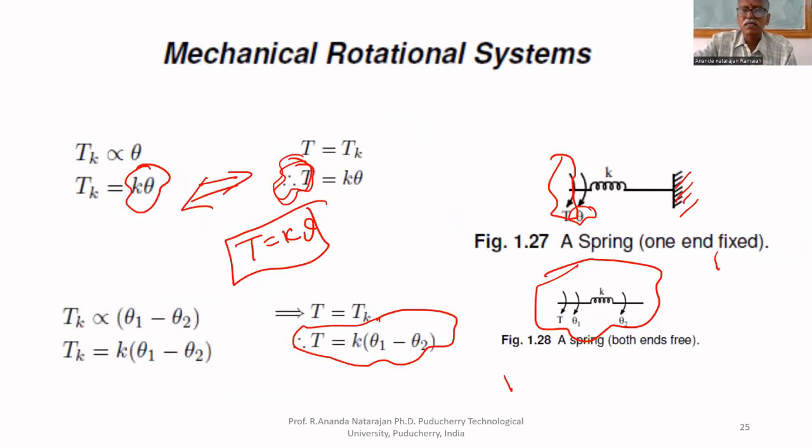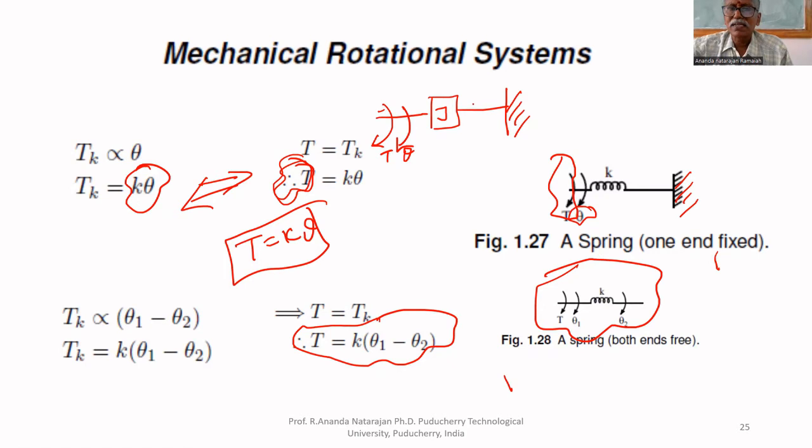One more element is missing. That is, it has an inertia J. Applied torque is T. Displacement is theta. There, mass m. Here, moment of inertia J. Moment of inertia J is a constant. Because of mass only, it is constant.